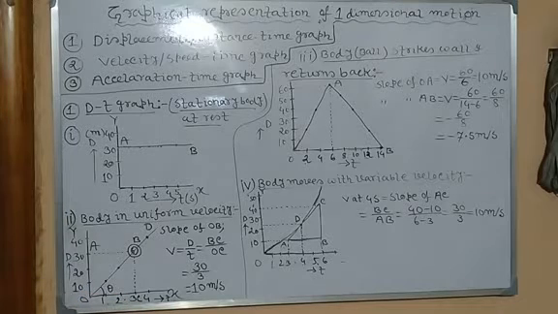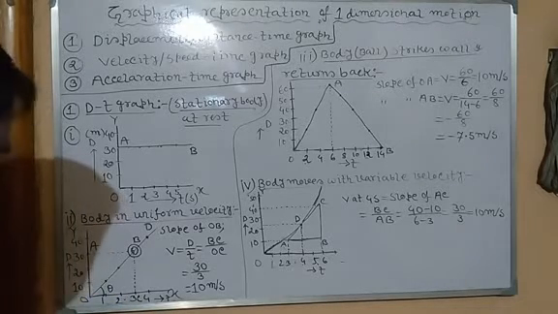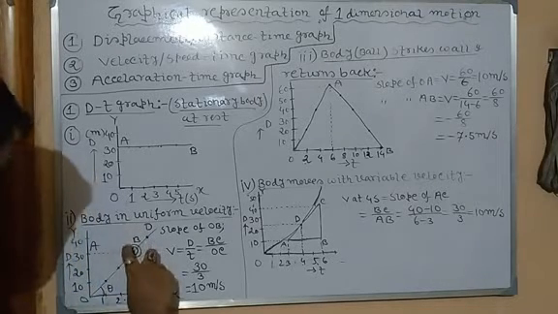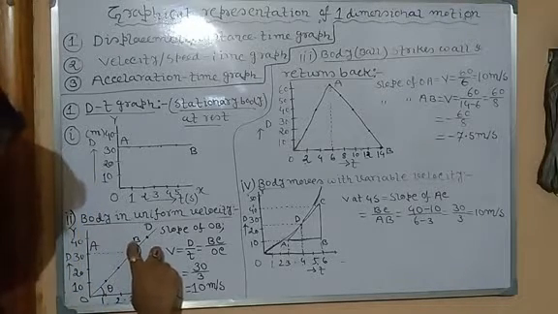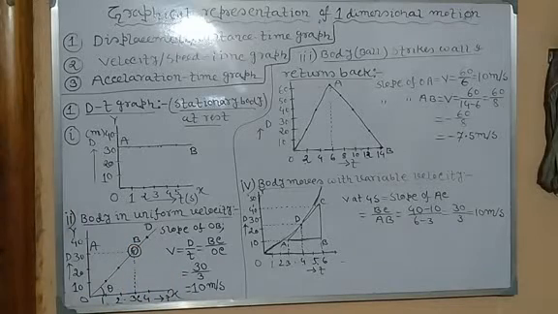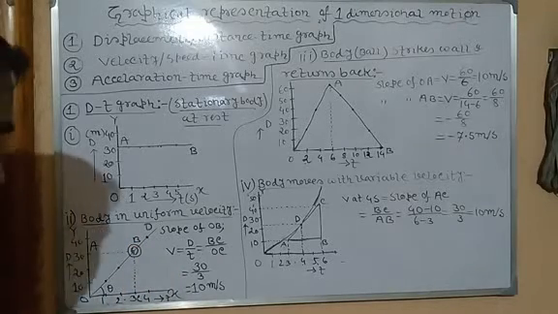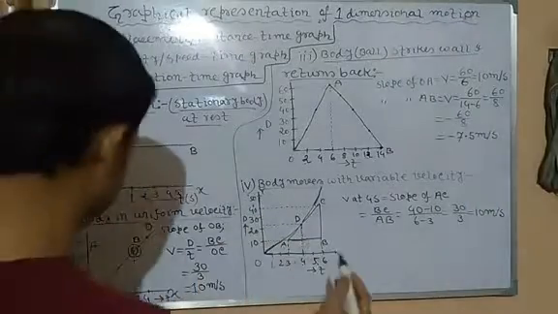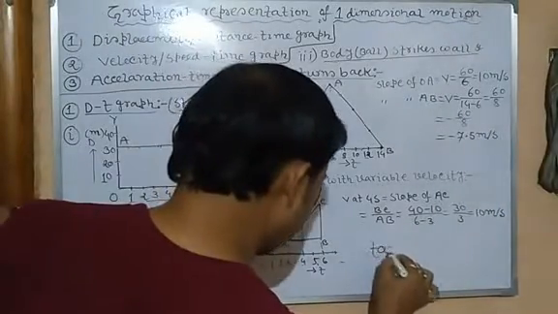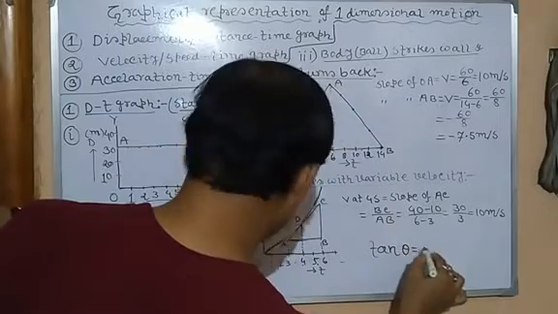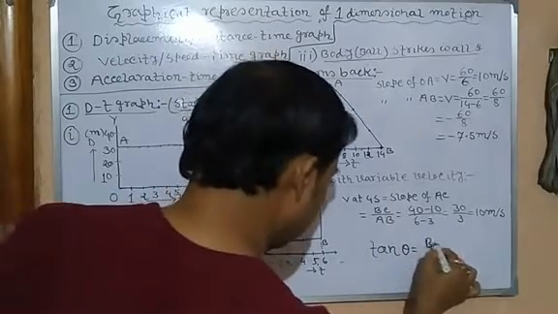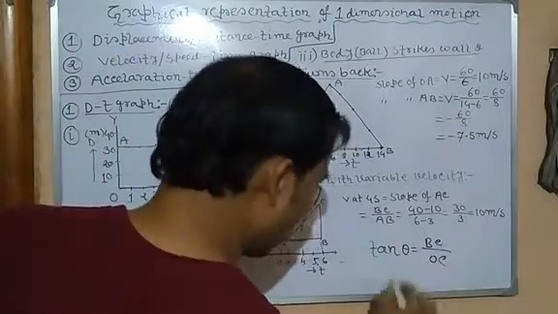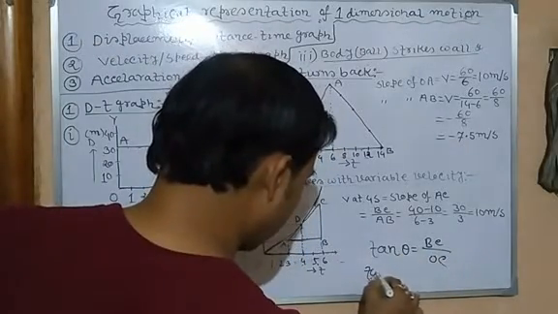We know that tan theta equals perpendicular by base. So tan theta equals BC divided by OC. When theta equals 45 degree, tan 45 degree equals 1.